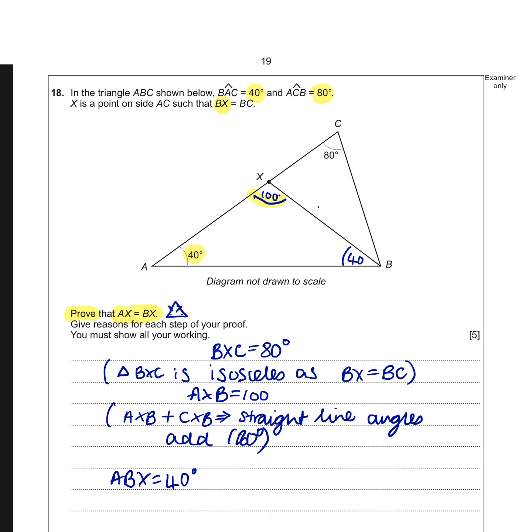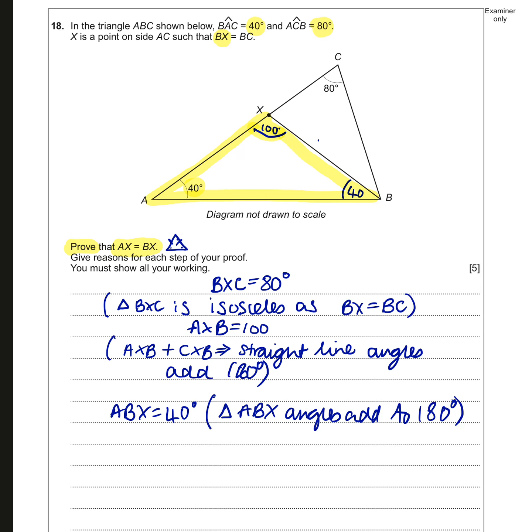I know this because the three corners in my second triangle must add up to 180. Reason, triangle ABX angles add to 180, which means that I've now got proof that these two angles are the same.